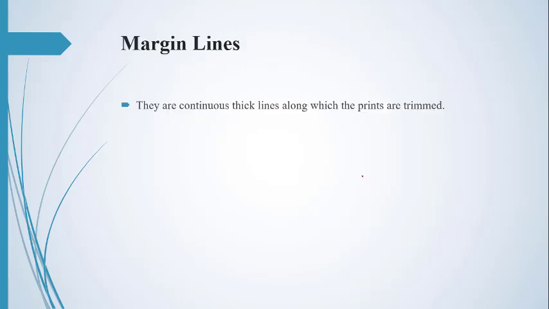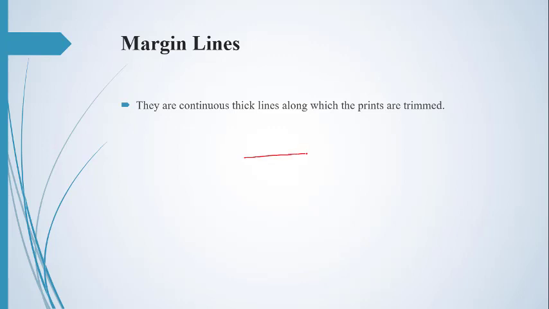Margin lines are continuous thick lines along which the prints are trimmed. As we discussed in the previous lecture, a margin is provided across the sides of the sheet.